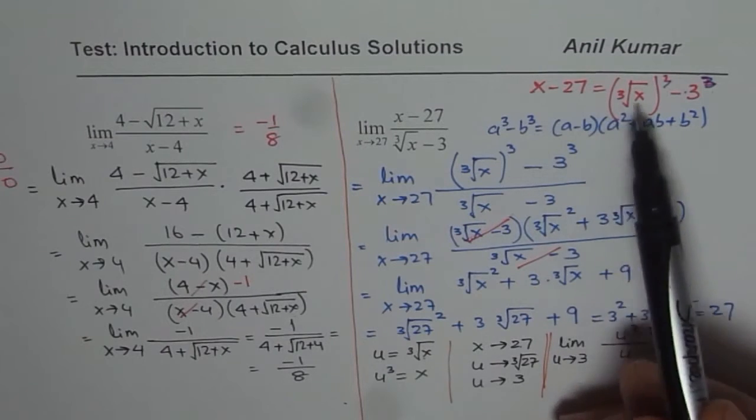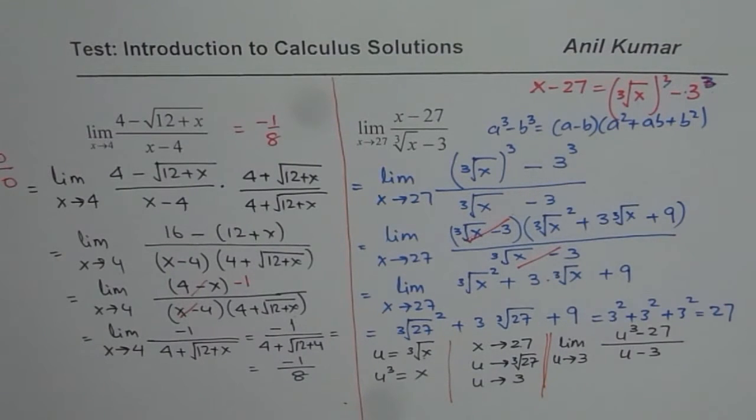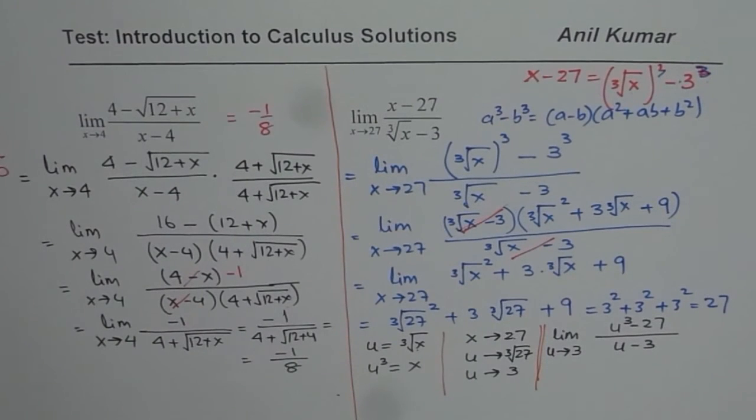And then you can again factor using a cube minus b cube. You'll get exactly the same result. The advantage of this method is that at times you get confused working with cube roots, so you don't have to work with cube roots. But anyway, both are kind of similar operations, so you can try the substitution method also. I hope that helps. Thank you and all the best.